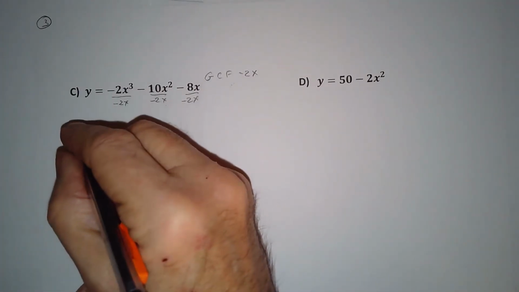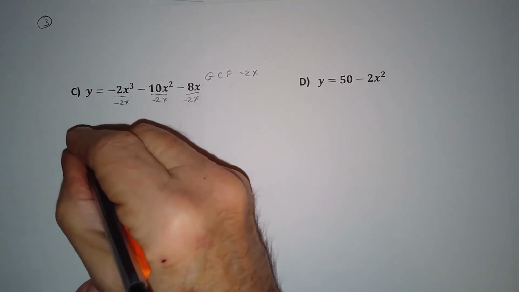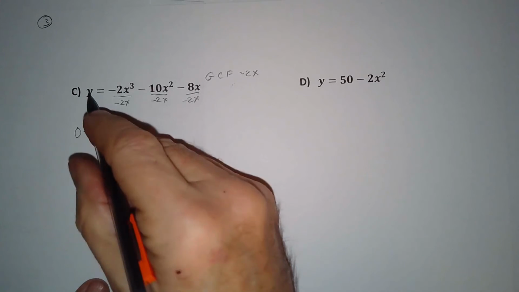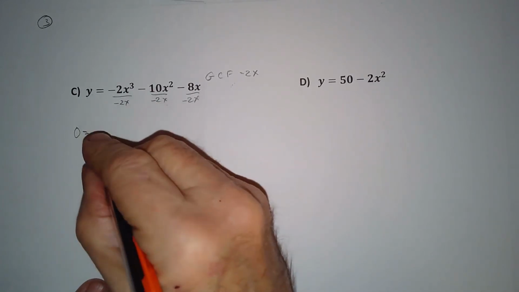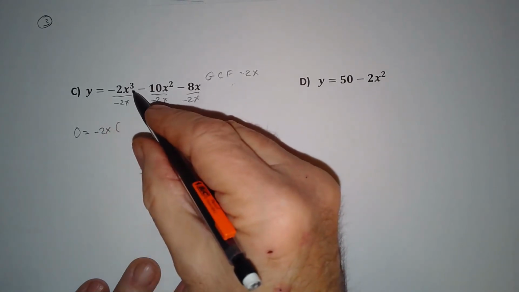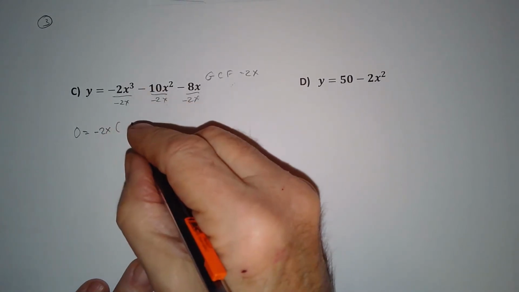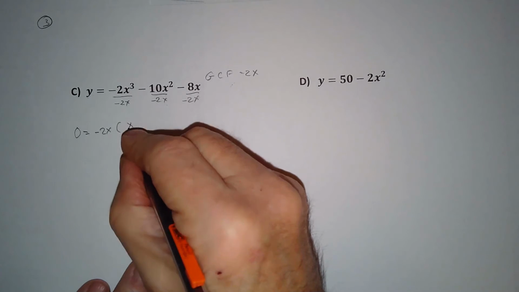So if I divide out -2, and of course this is going to be 0, y equals, will be now 0 equals. And so dividing out -2x, I will be left here with an x squared, right?